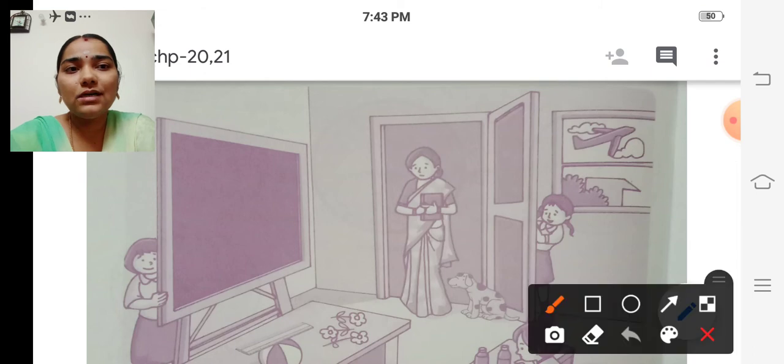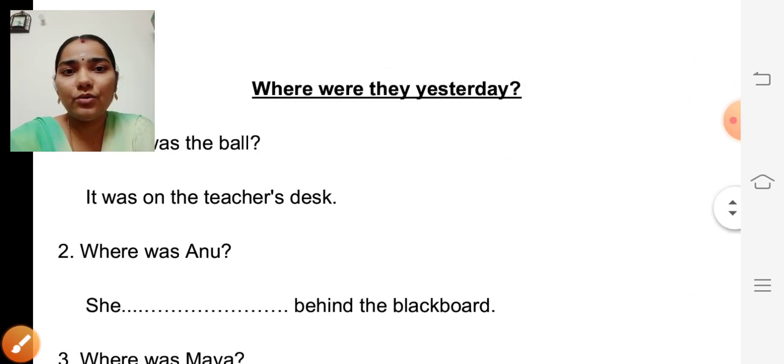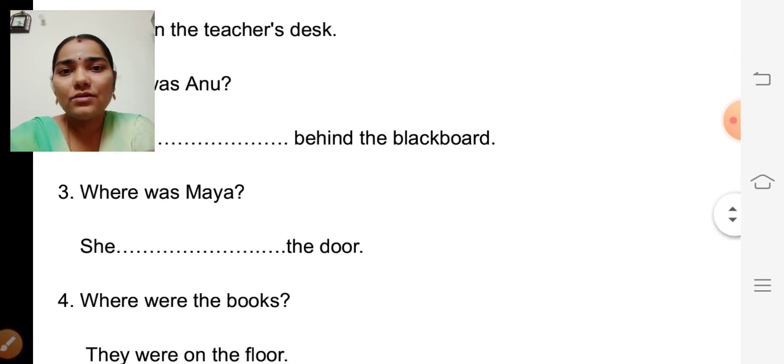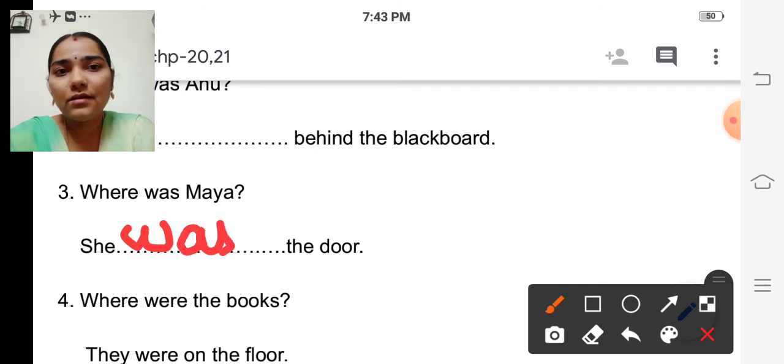This girl's name is Maya. She was behind the door, isn't it? So what do we have to write here? Where was Maya? She was behind the door.